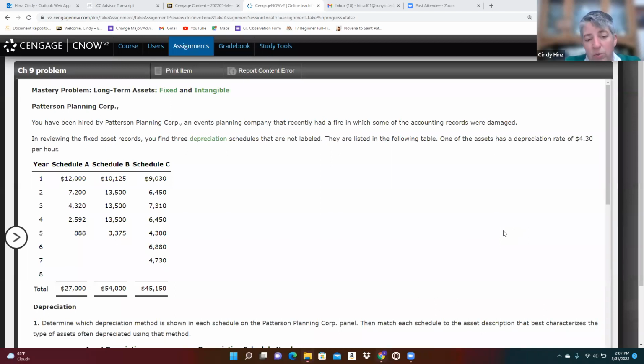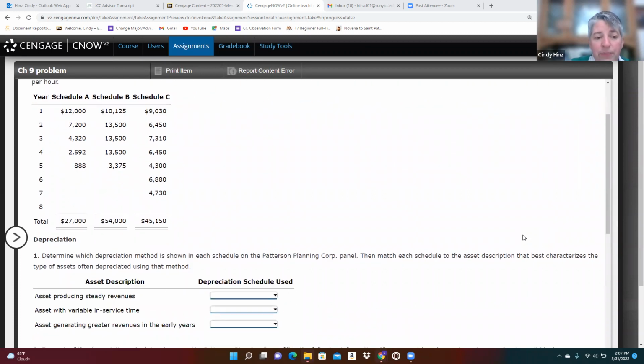The other 2 then are going to be based on either straight line or double declining balance, the accelerated method. So let's go to our first question, where we're asked which one of these schedules would make sense based on this asset description.